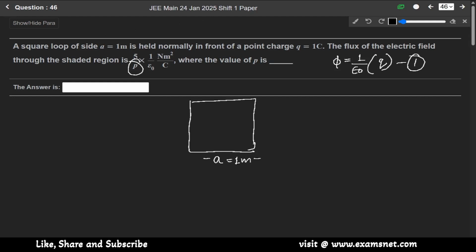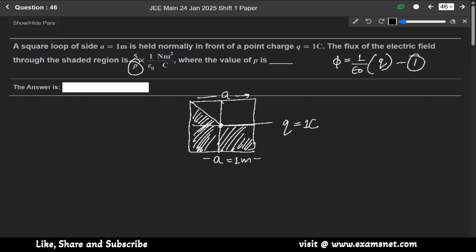Now what we will do is, A is given and charge is given as 1 coulomb. We can draw this like this. According to the question, we have to find the flux of this shaded part, and Q is the point charge equal to 1 coulomb.